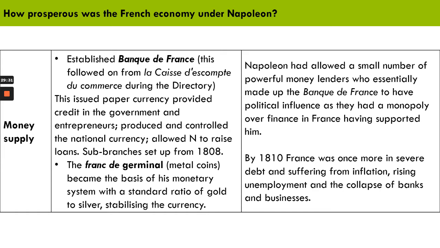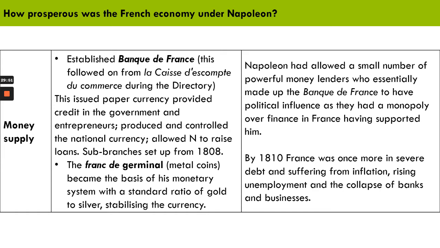Even the word banque was controversial in France. Earlier schemes to introduce financing in France had been called a caisse rather than a banque. So in 1800 he created this, which was a really important propaganda move as well.